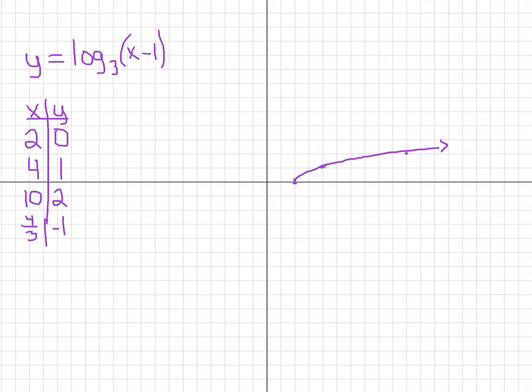So 4/3 is 1 and 1/3, and then down 1. It's going to look like this. This one's going to approach that line, but we'll actually never get past it. This is the asymptote.